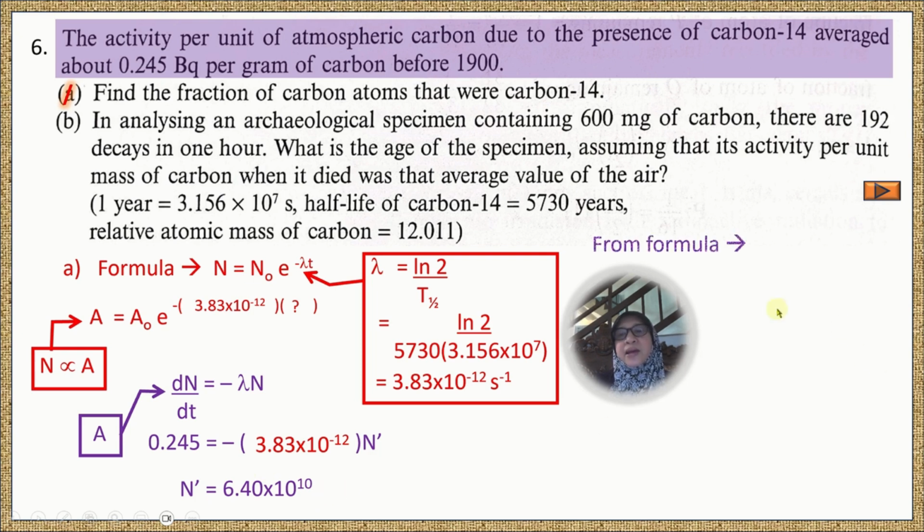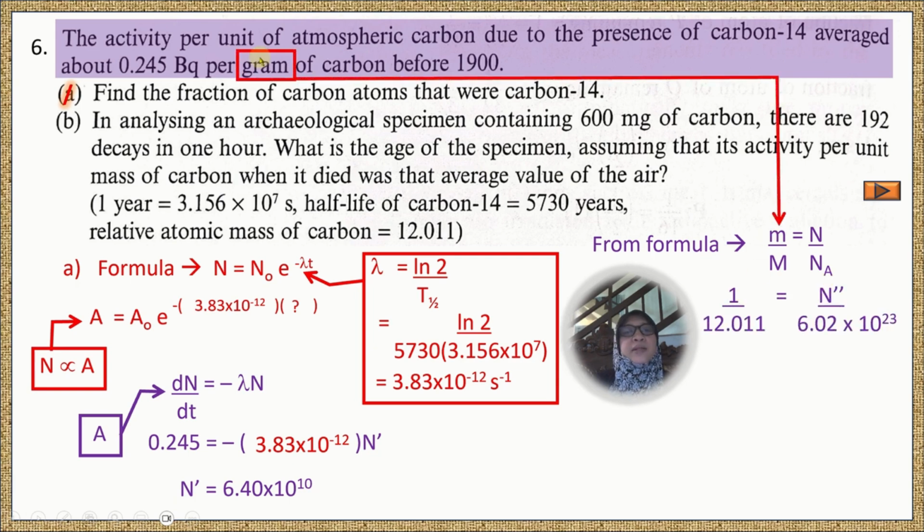So let's calculate using this formula. The ratio of m to molar mass equals the number of molecules for this 1 gram over the Avogadro number. So 1 gram over the molar mass given in the question, 12.011, equals N double prime. Just to state the difference between these two N, for 1 gram we use this symbol N double prime. The Avogadro number is 6.02 times 10 to the power of 23.